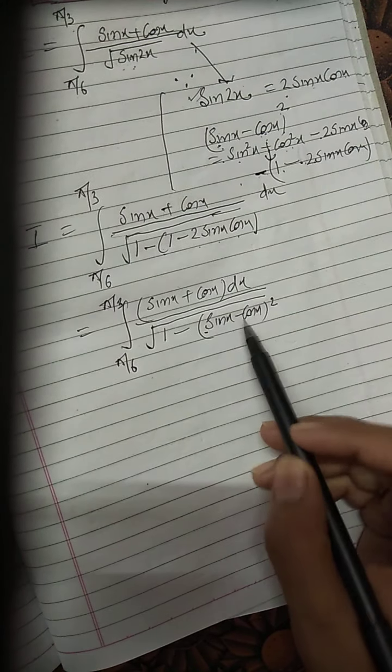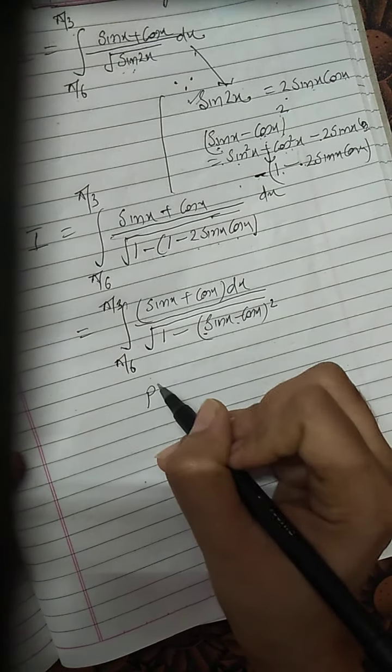Now we put sin x minus cos x as y, and when I differentiate, cos x plus sin x dx becomes dy. So the numerator is dy and the denominator is root of 1 minus y square.